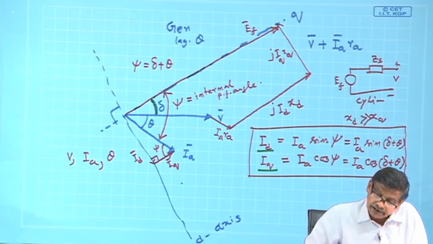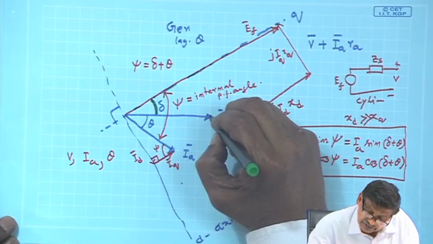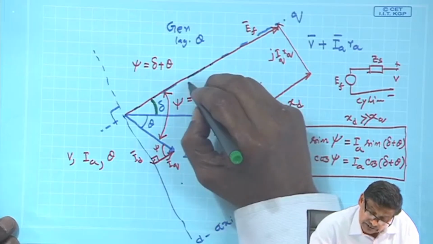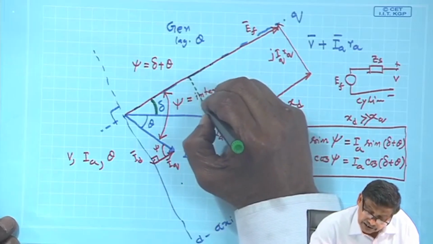Now, you see that from the tip of this voltage phasor, you drop a perpendicular there.